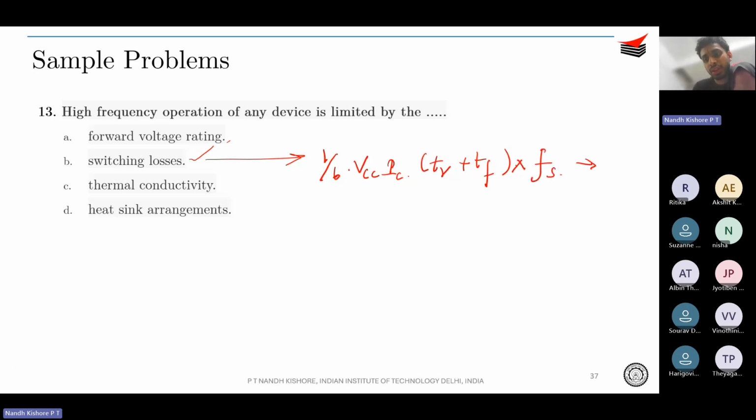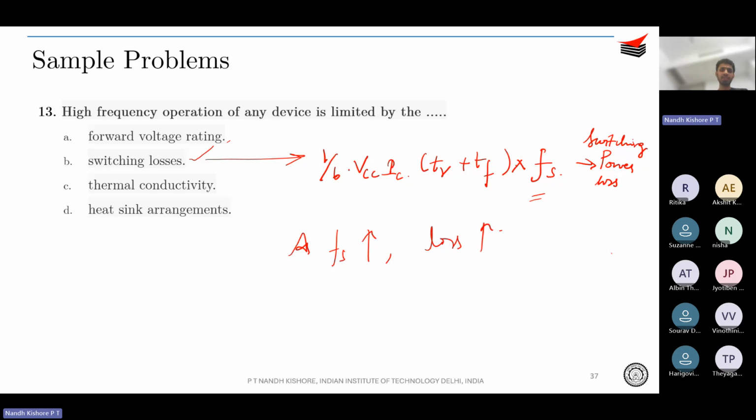That will give you the switching power loss. So as you go for higher and higher frequency, you know that the loss is also going to increase. So high frequency operation is limited by the switching loss. You can't just go increasing the switching frequency, right?